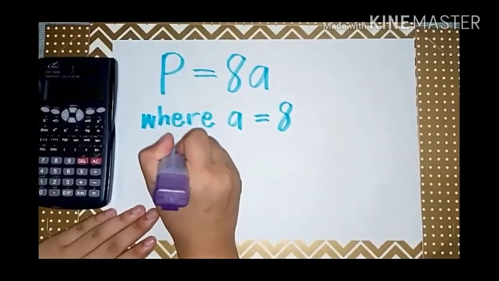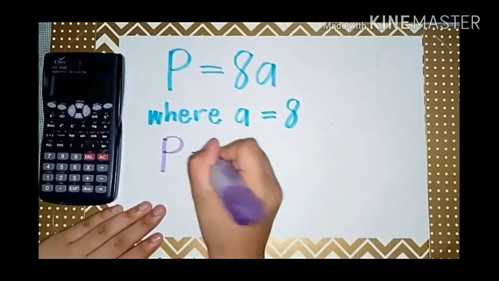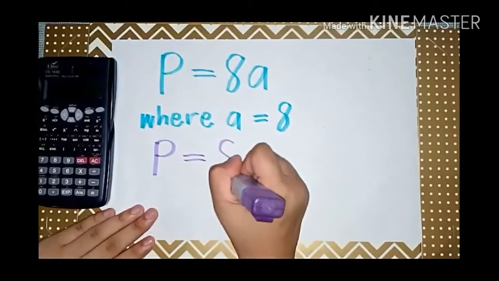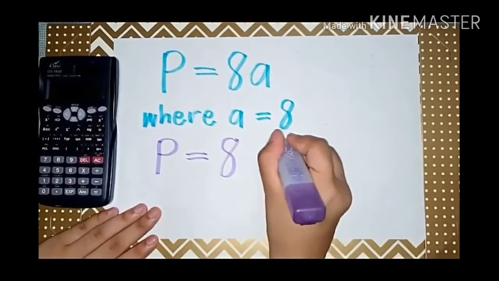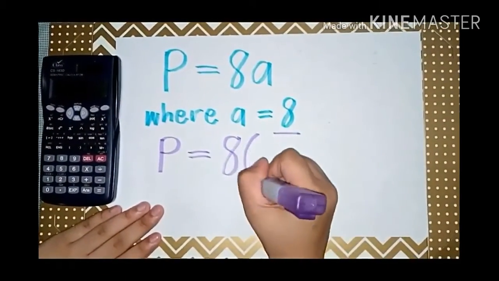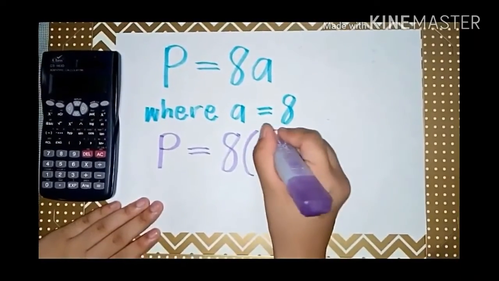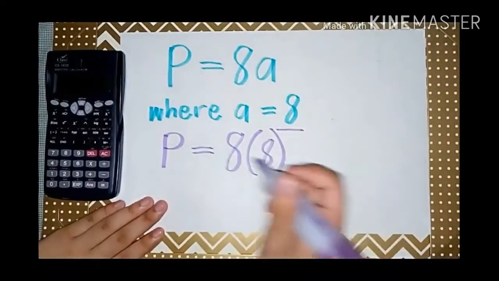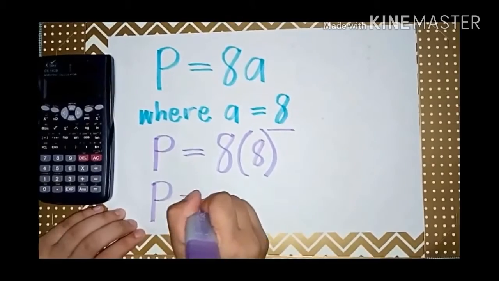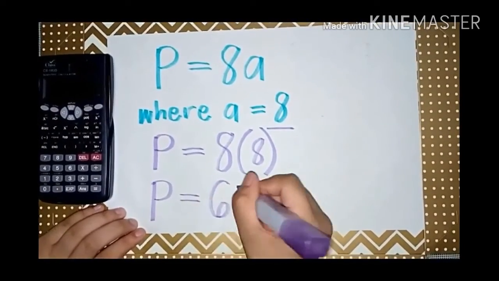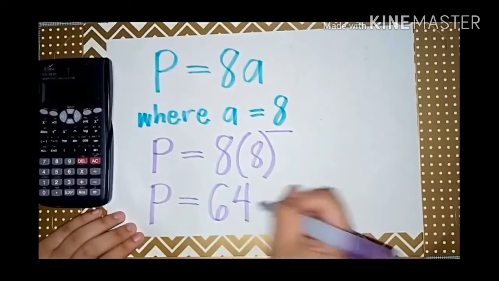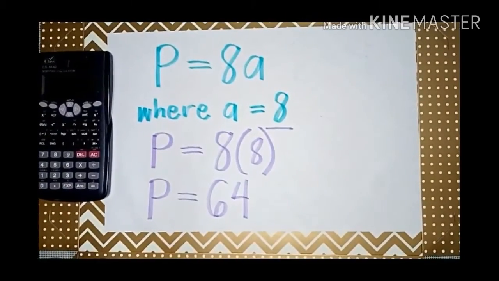For our given, a is equal to 8. P is equal to 8 times 8, which is equal to 64. So our perimeter is P equals 64.